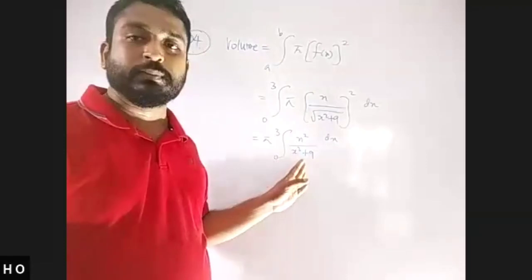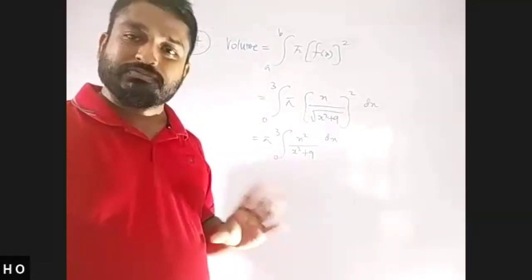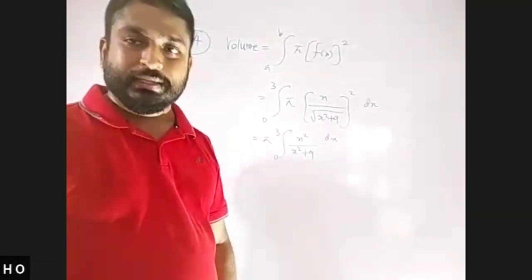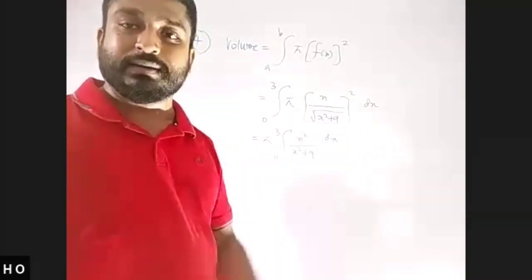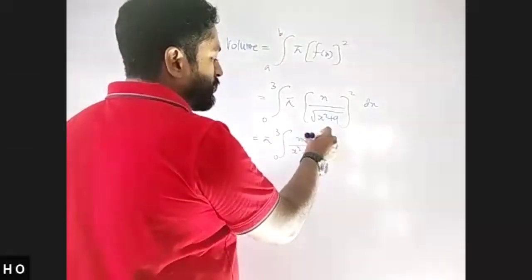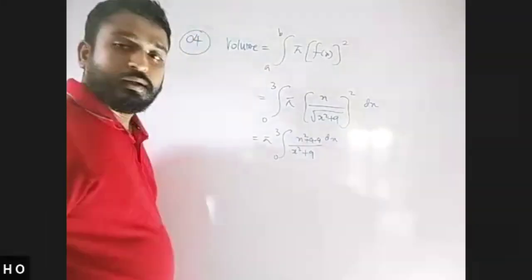That is also not possible because x squared plus 9 cannot be factorized. So the next thing is long division. But for special questions, you can balance the thing. Here also, what you need to do is add 9 and subtract 9 without harming the question.